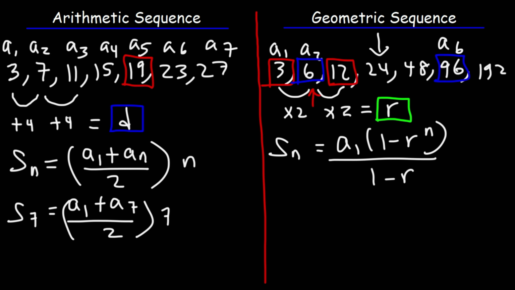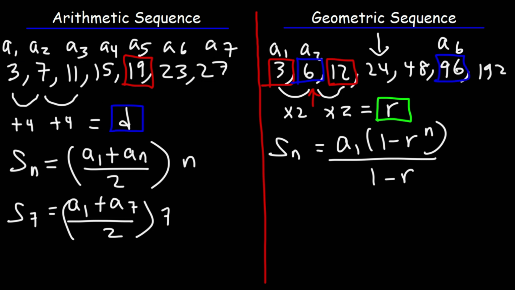So basically, to find the sum of an arithmetic sequence, you're taking the average of the first and the last term in that sequence and then multiplying it by the number of terms in that sequence. Because this is basically the average of 3 and 27. And we know the average, or the arithmetic mean of 3 and 27, is going to be the middle number, 15.